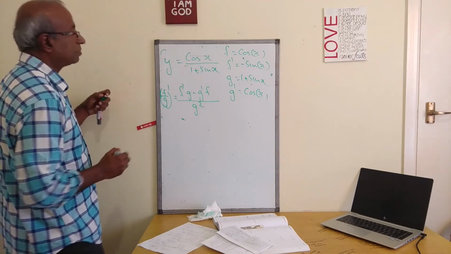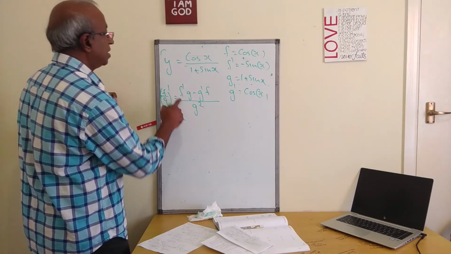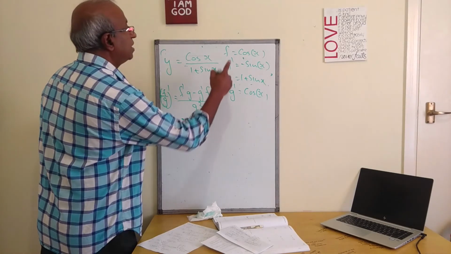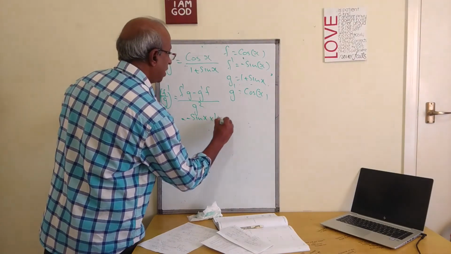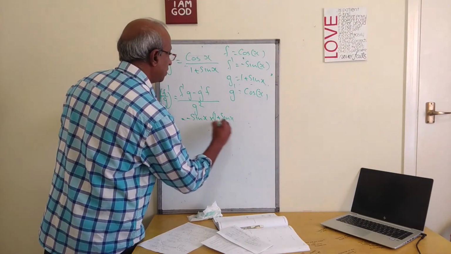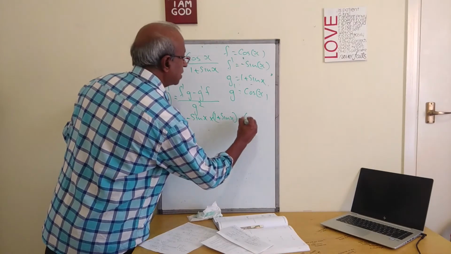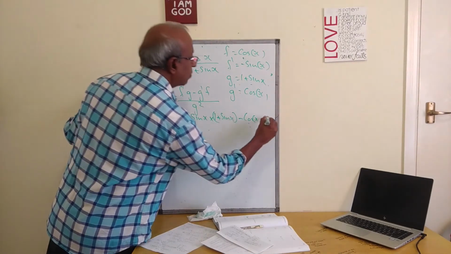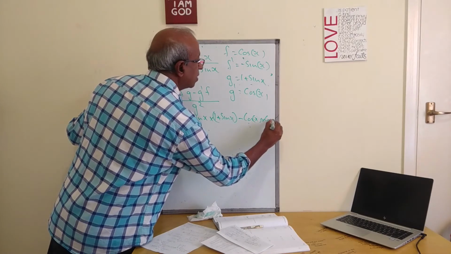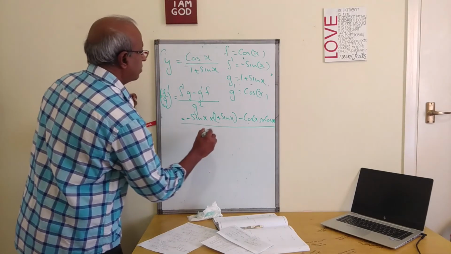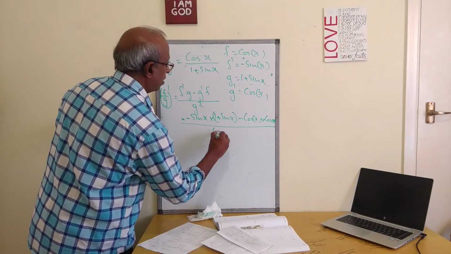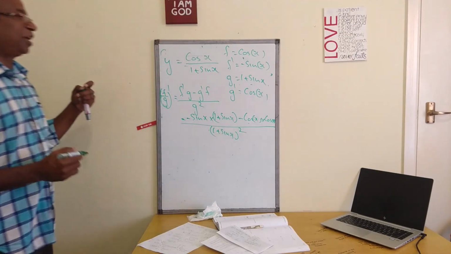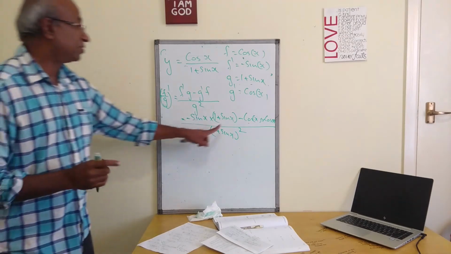That is equals, f dash is minus sin x times g is equal to 1 plus sin x, minus g dash is equal to cos x times f is also cos x, divided by g squared, 1 plus sin x, the whole thing squared. I have to be very careful when I'm simplifying it. Alright, so okay, this is the answer.